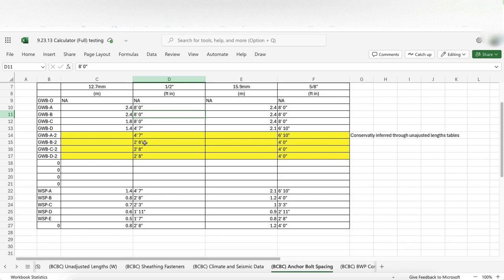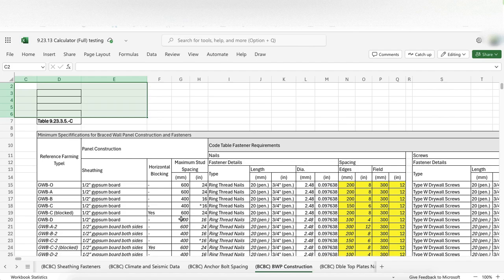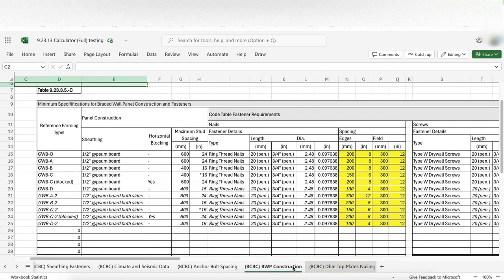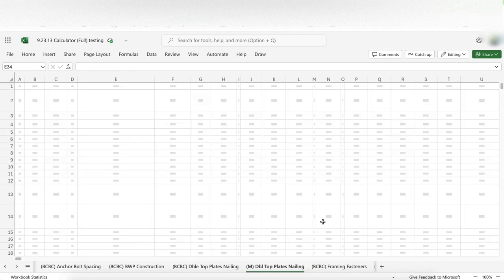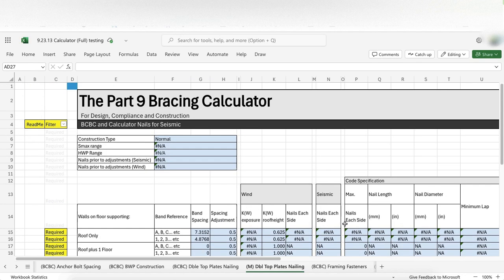The thought being that they're having to transfer a lateral load that is greater than their other namesake, and so the connection should theoretically be increased to accommodate for that. Again, just a bit of back-end calculation that pulls through to the construction reports, double top plate nailing. Anyway, people can look through this themselves a little bit. I'll probably lock off all of this stuff so there's no user entries required, but you can just review it all.